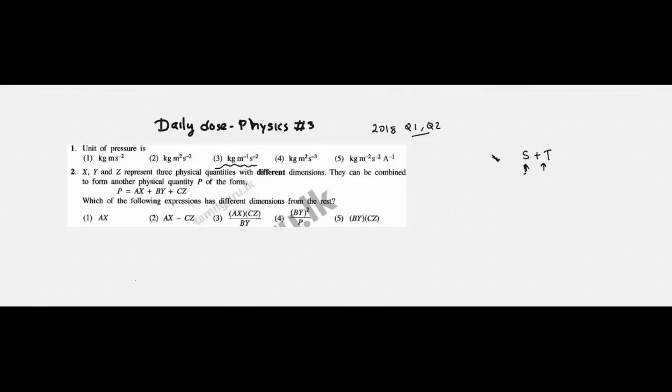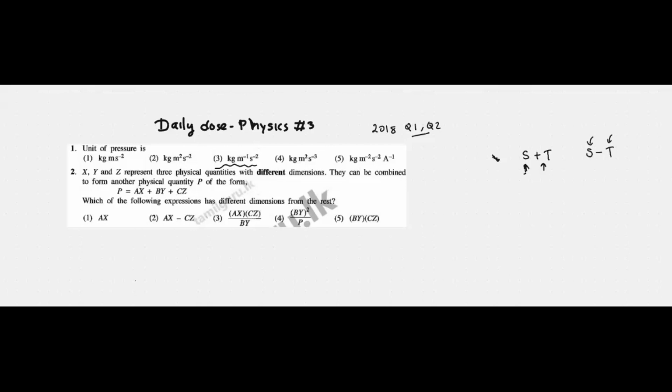If you can add two quantities, it means they have the same dimension. And the same goes with subtraction also. If you can subtract these two quantities, it means that they have the same dimensions. If they don't have the same dimensions, you won't be able to add or subtract.